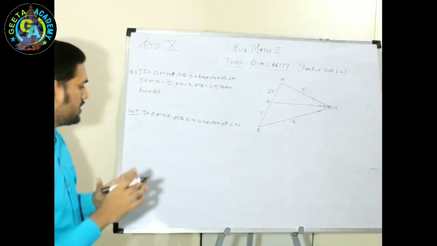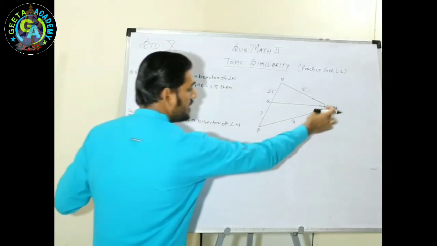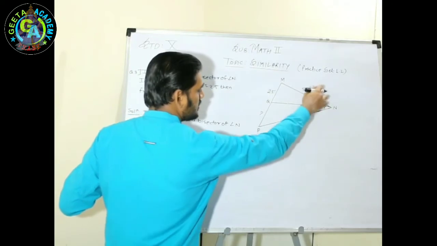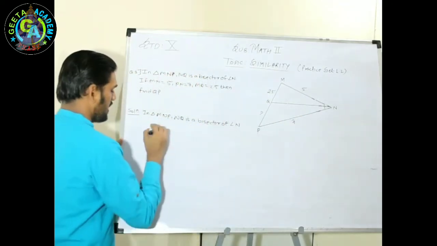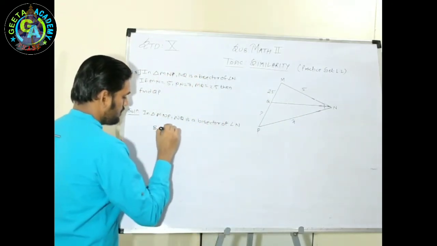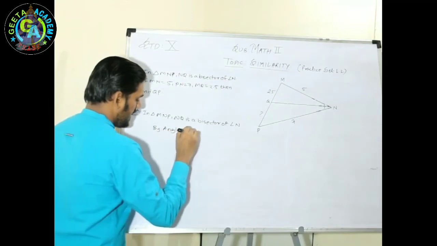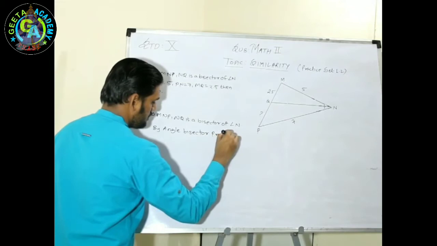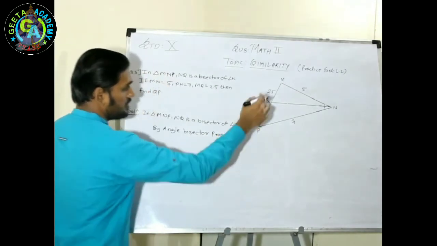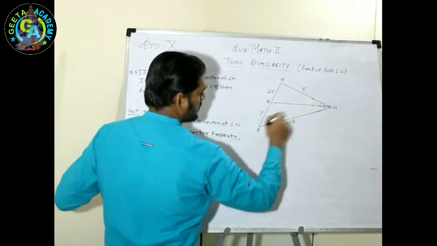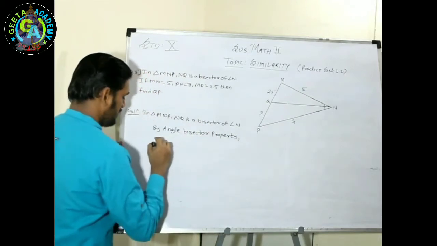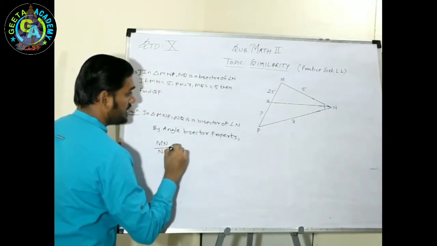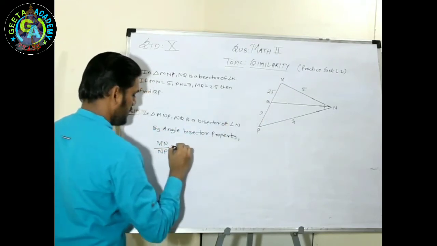Now as we know, by the angle bisector property, the ratio in which the ray divides the side and the ratio of the other two sides are equal. So by angle bisector property, the ratio of the two sides of the triangle, that is MN and NP, MN upon NP is equal to MQ upon QP.